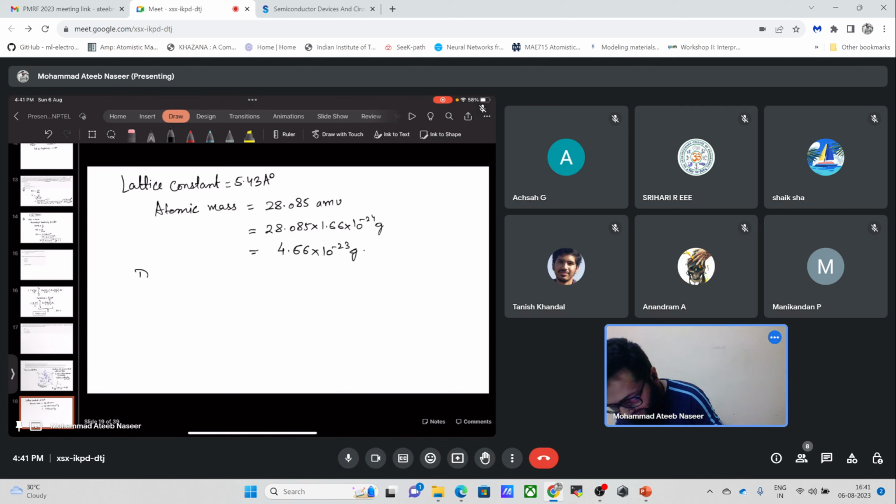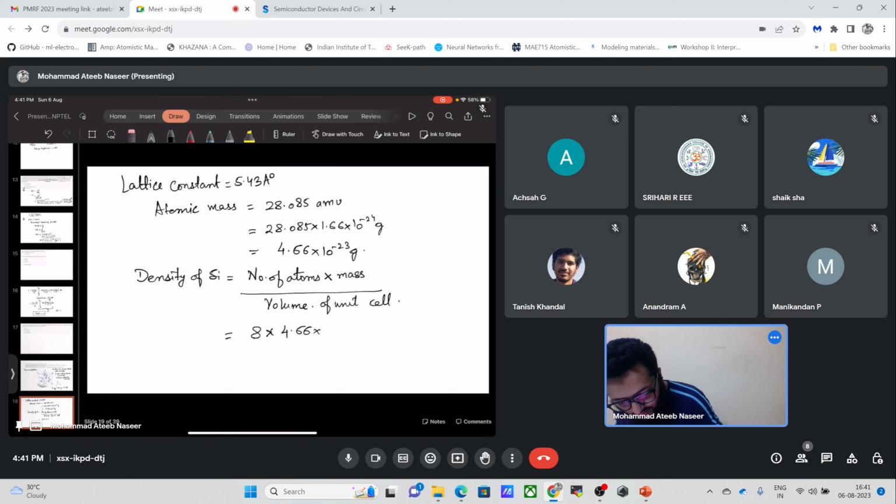Now the density of silicon is simply given by number of atoms into mass divided by the volume of the unit cell. So it would simply be equal to 8 into 4.66 into 10 to the power of minus 23. Volume will be simply a cube, since this is cubic in nature.